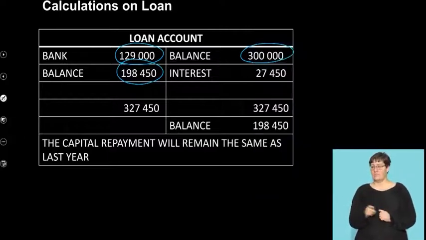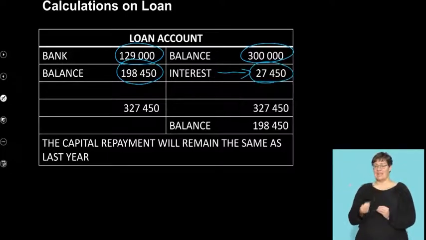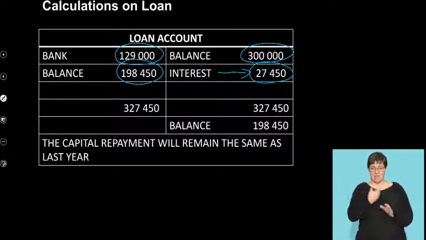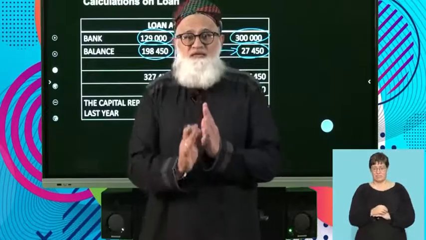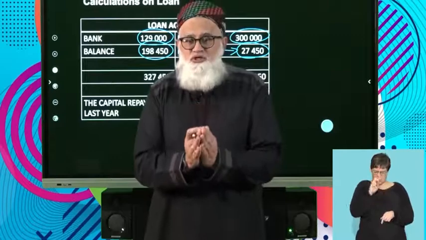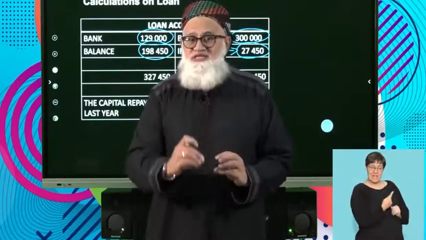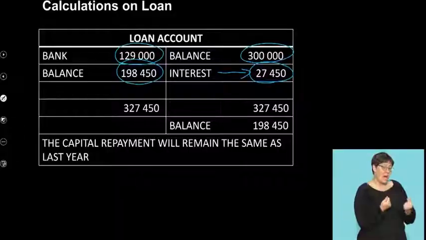Here we go. There's your 27,450 as your interest that has been capitalized. Right. What do you need the 27,450 Rand for? The 27,450 Rand will go to your statement of comprehensive income. Under the bottom section, you'll say there, interest expense. How much?